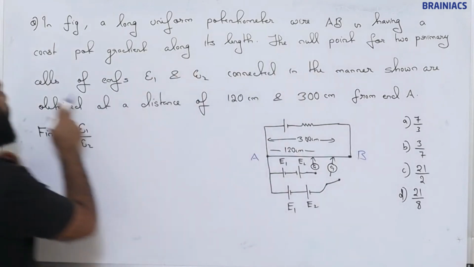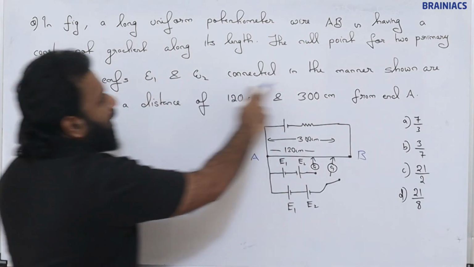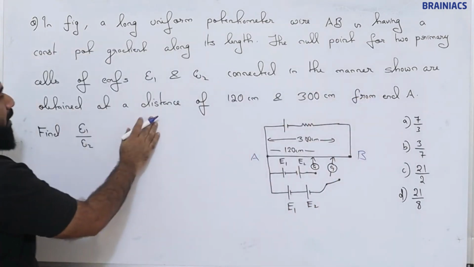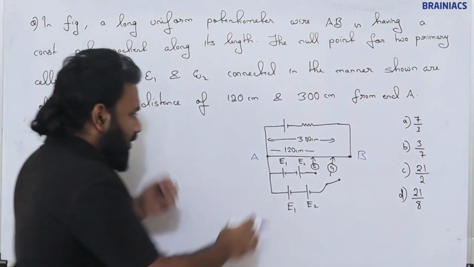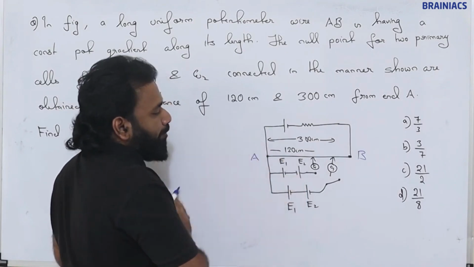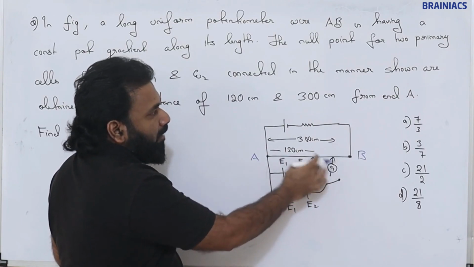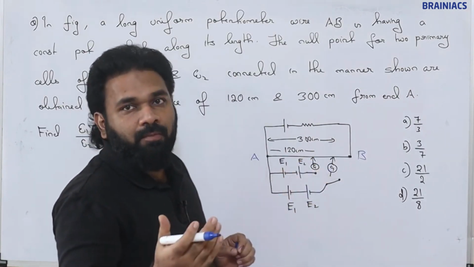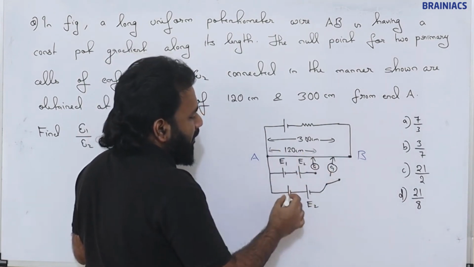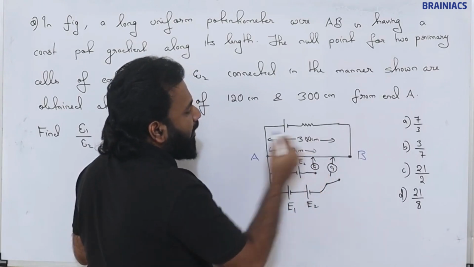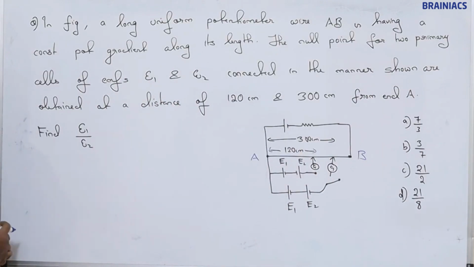The null point for two primary cells of EMF E1 and E2 connected in the manner shown are obtained at a distance of 120 cm and 300 cm from end A. That is, when these cells are connected in this form, in one connection we got the null point, which means galvanometer current is 0, no deflection, at 120 centimeter, and in another connection we got the null point at 300 centimeter. We need to find the ratio of E1 and E2.